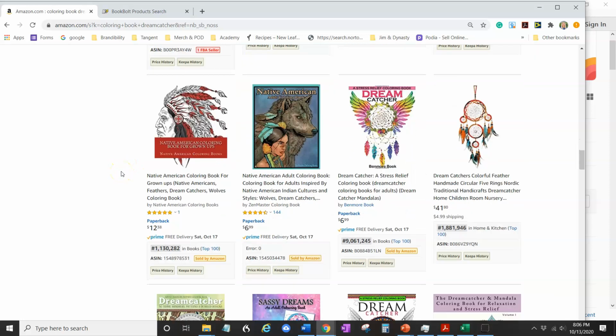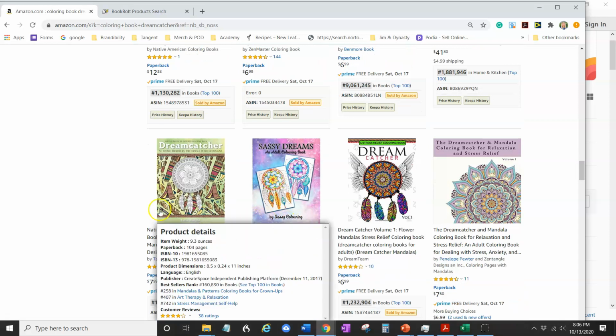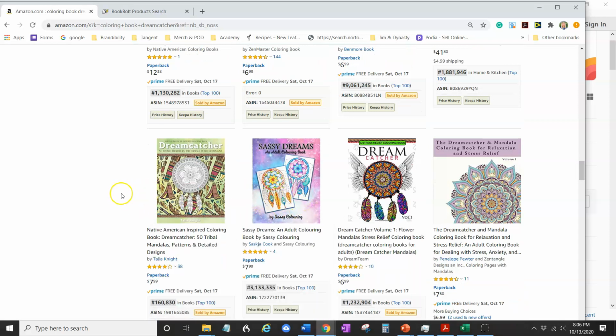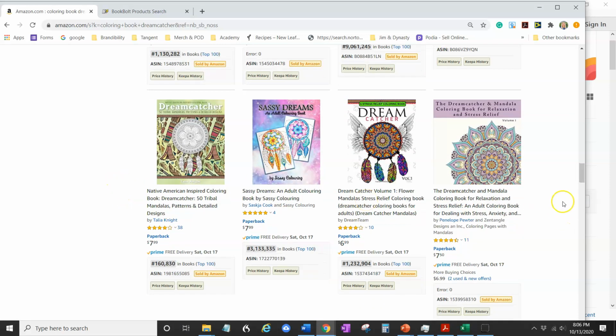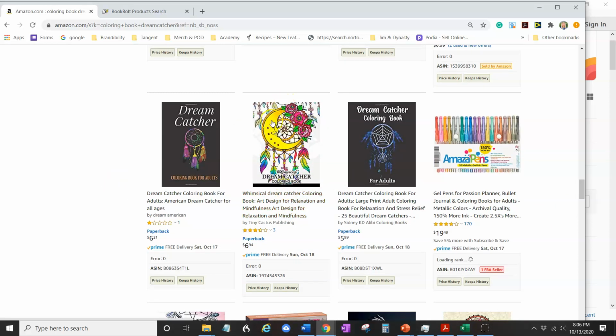Let's see, what else strikes my fancy. You know, here's one with wolves. Sassy dreams. That might be interesting. Maybe moons. I know I've seen moons, nighttime.